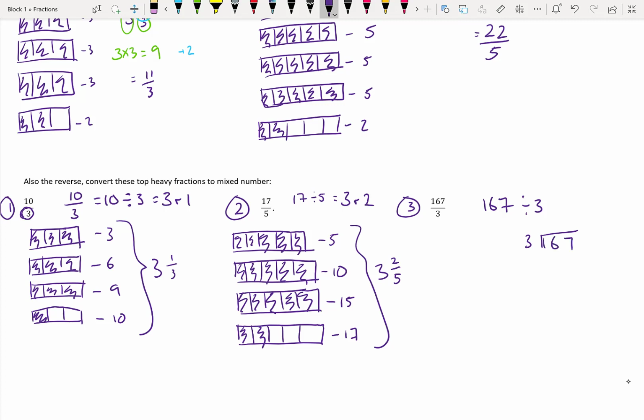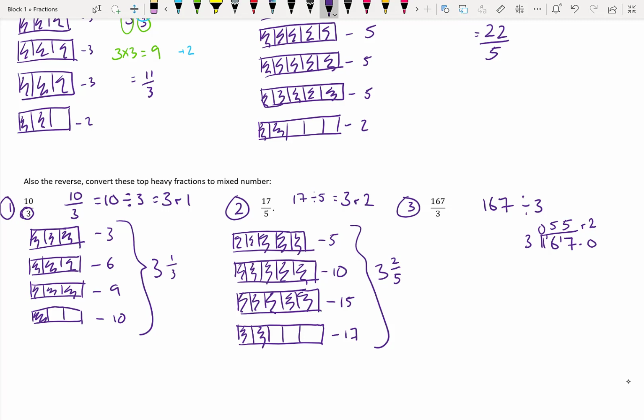1, 6, 7. How many 3's go into 1? They don't. How many 3's go into 16? I've got 5 with 1 left over. How many 3's go into 17? Again, 5. And this time I'm going to write my remainder. It's going to be one of the only times you're ever going to write your remainder. I know when we did our decimals, we'd have stuck our decimal point in and kept going and kept making it smaller, but here that's not what I want.